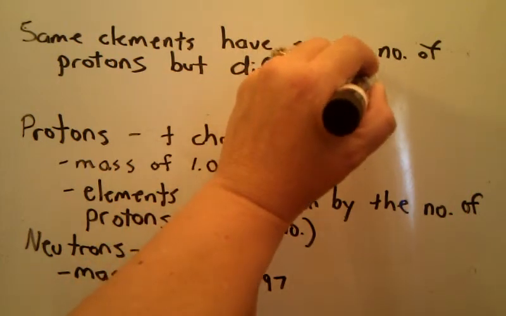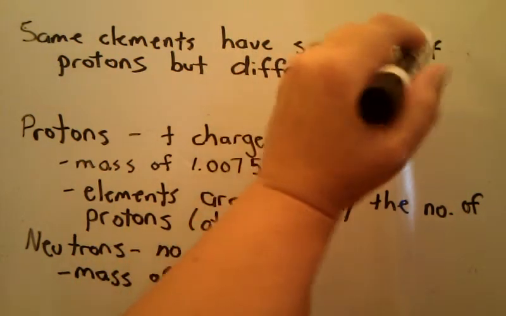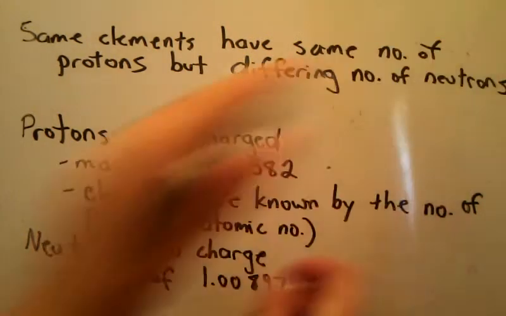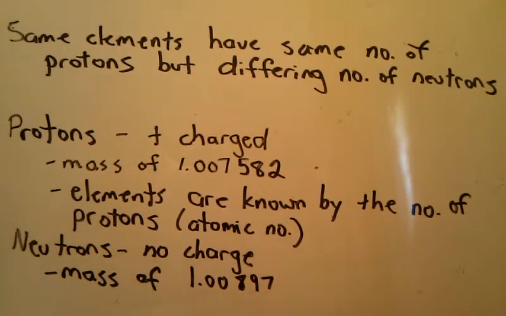Therefore, the atomic weight of the atom of an element can vary depending on the number of neutrons it contains. The members of each element that have differing atomic weights are called isotopes.